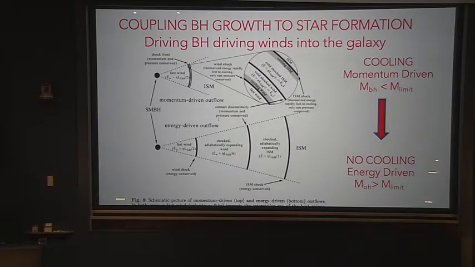What's very interesting about this stage is at the end, you actually can come up with a limiting mass for the black hole. So we can come up with an understanding of what is the final mass of the black hole that will basically choke its own accretion flow.